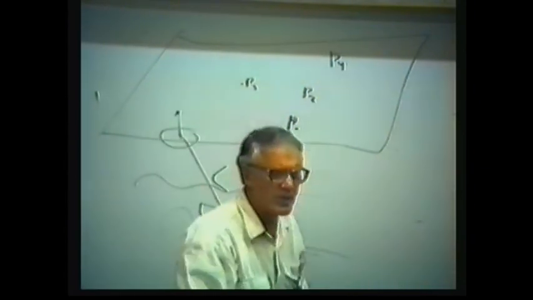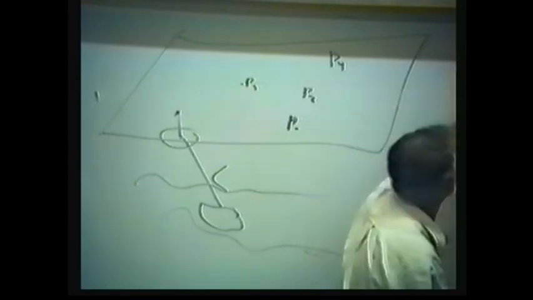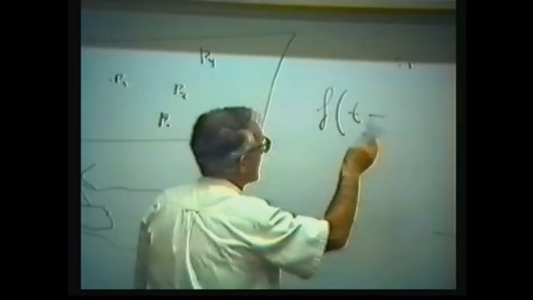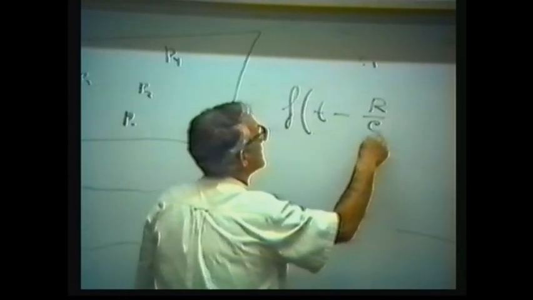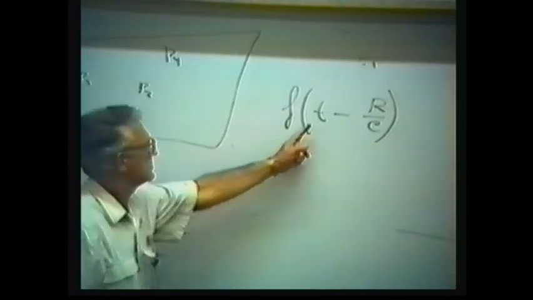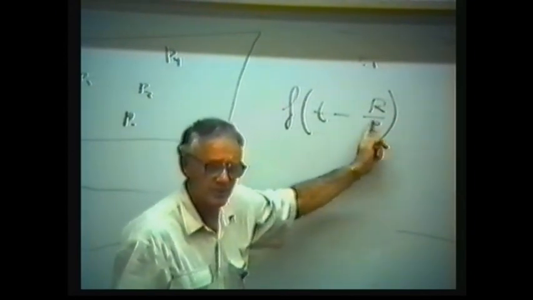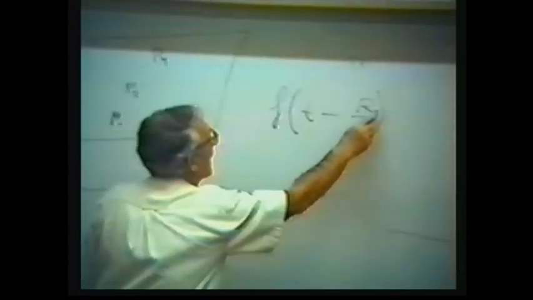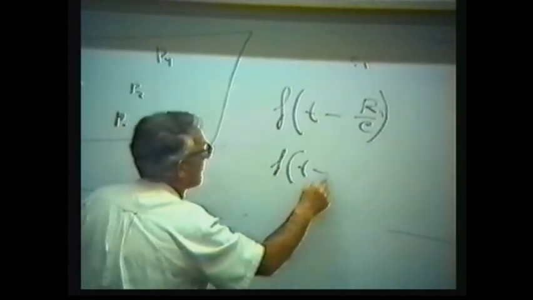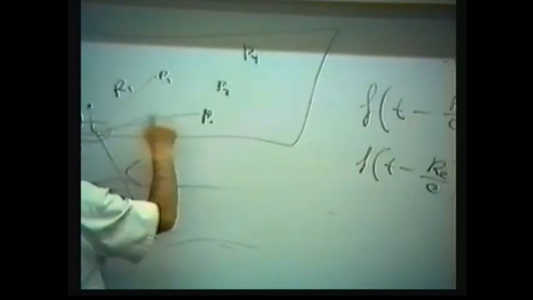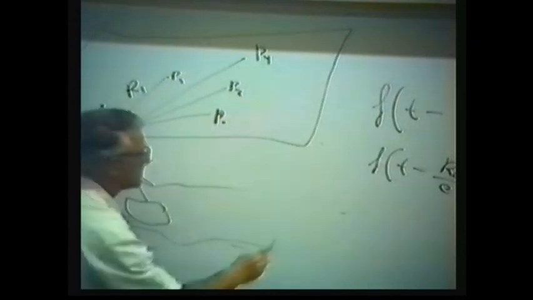At each point, the signal is defined by approximately this function, time minus r, distance over velocity. Here R1, here signal minus R2 over C, etc., where R1, R2, R3, R4.